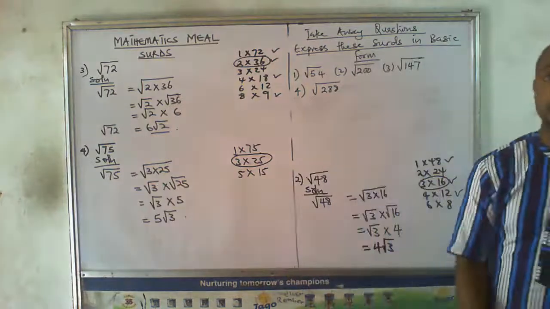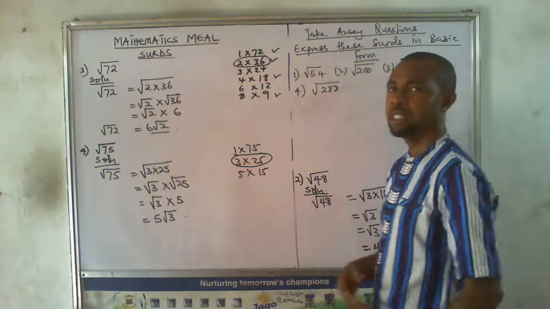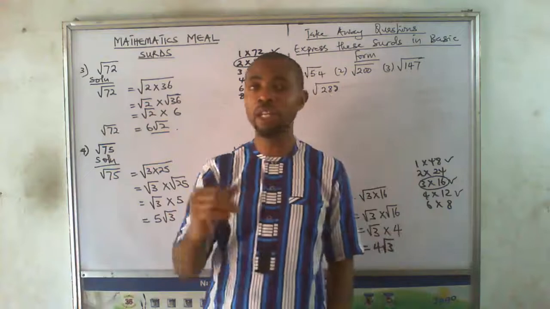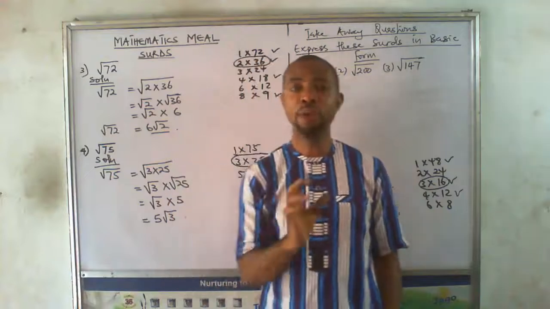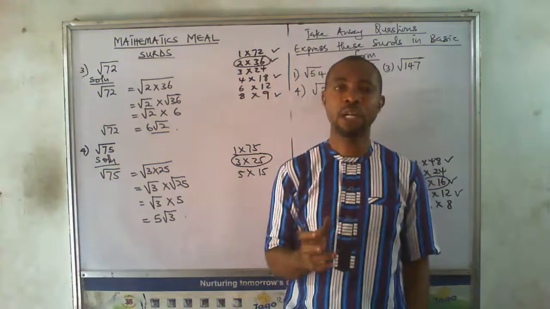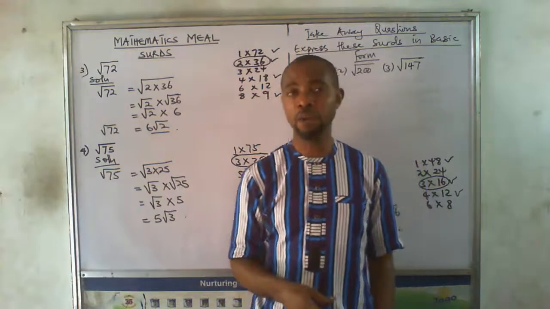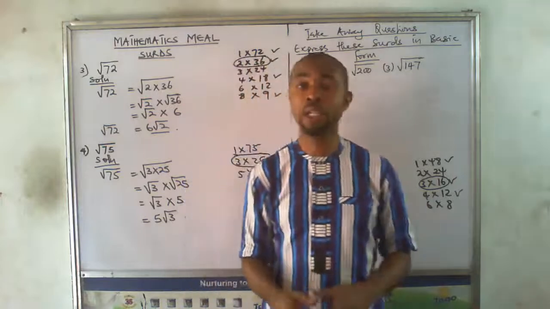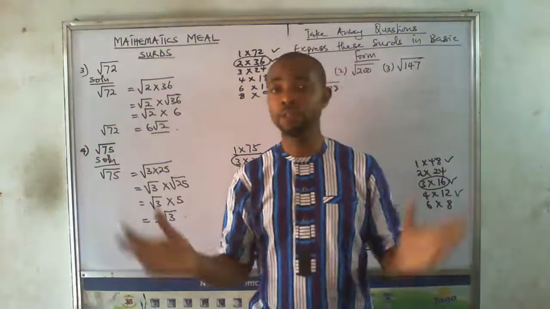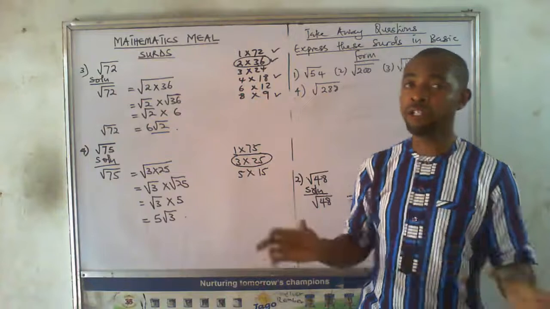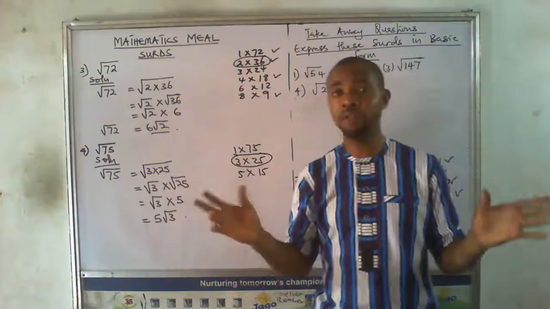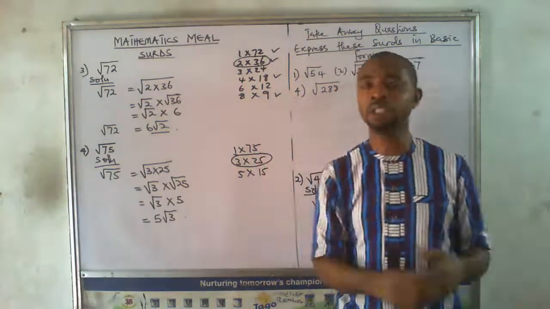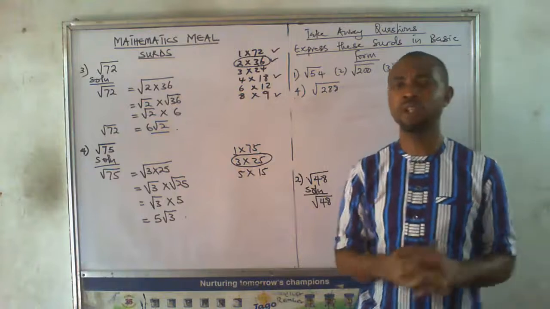We shall be back, and when we come back, we look at the answers to these takeaway questions, and then we dwell a little on the non-basic form of surd. Then we can continue with other objectives. Remember, we still have many other aspects of surd to look at: similar surds, addition and subtraction of surds, multiplication of surds, rationalization of denominators of fractions that are surds, equality of surds, equations involving surds, and square root of surds.